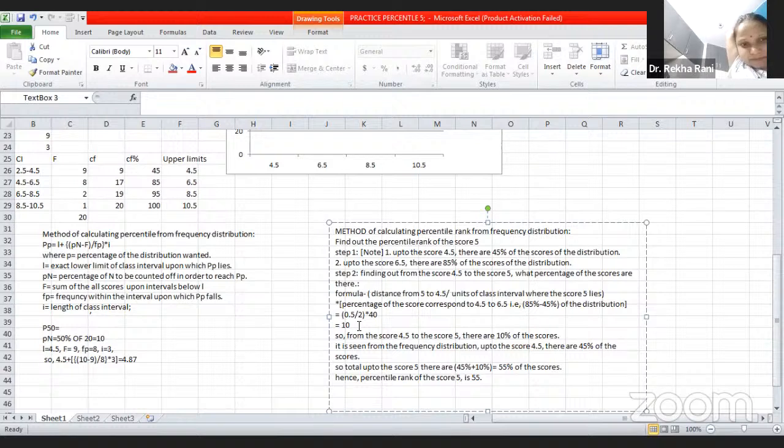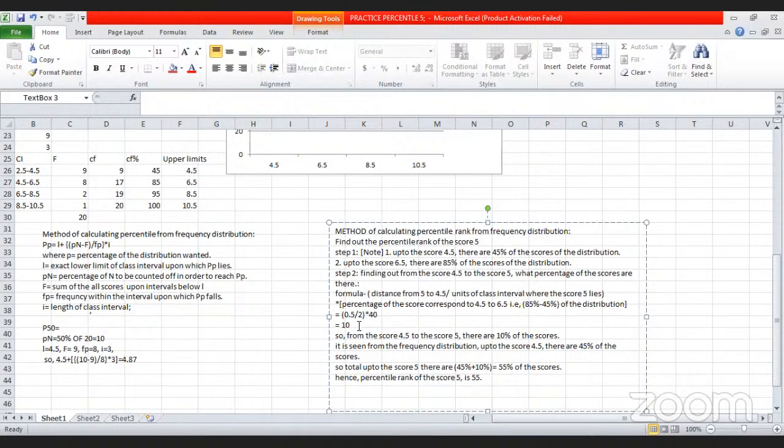Now we need to know up to 5, what percentage of the scores are there. So up to 4.5, there are 45% of the scores. From 4.5 to 5, there are 10% of the scores. So up to 5, that should be 45% plus 10%, that is 55% of the scores. Clear?